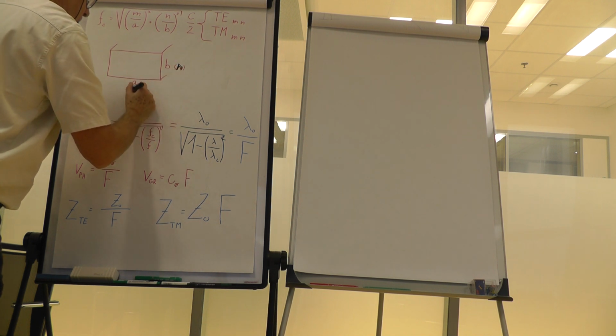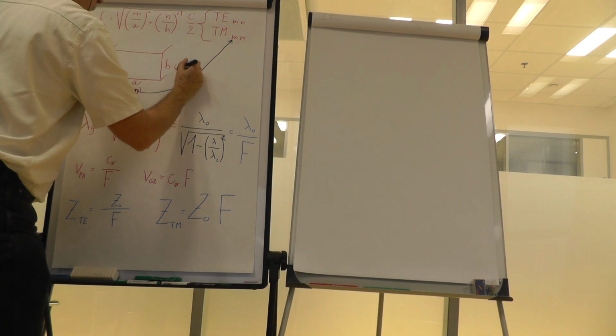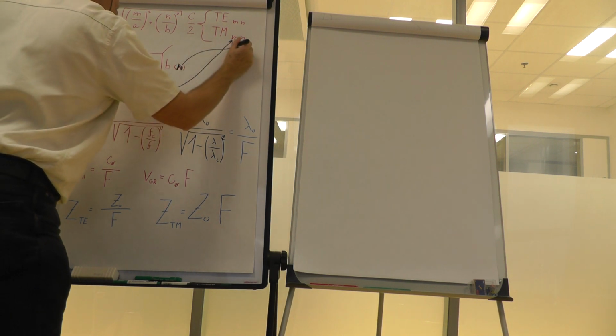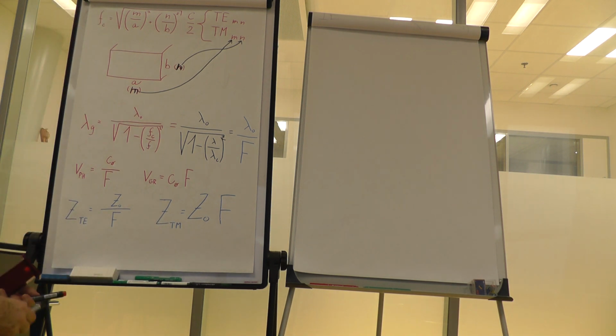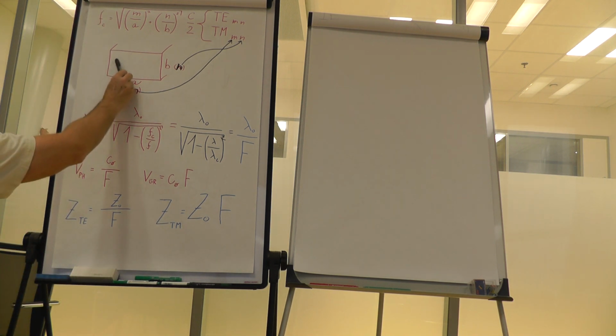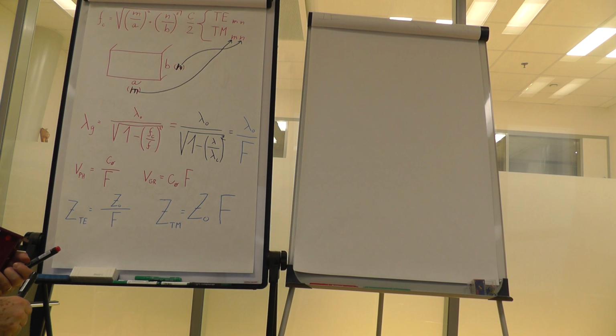So we have the M, which comes over here, and the N, which comes over here. So if we have mode TE10, it has 1/2 wave of the standing wave bouncing between those two walls. And that's the convention of naming the modes.